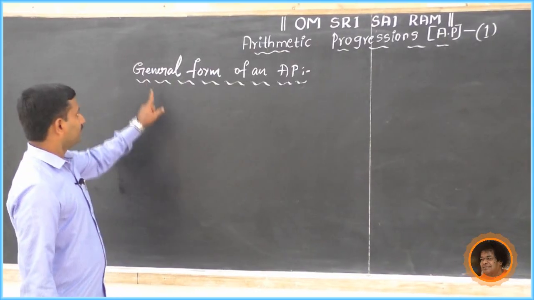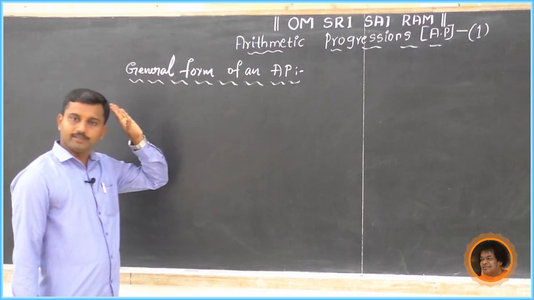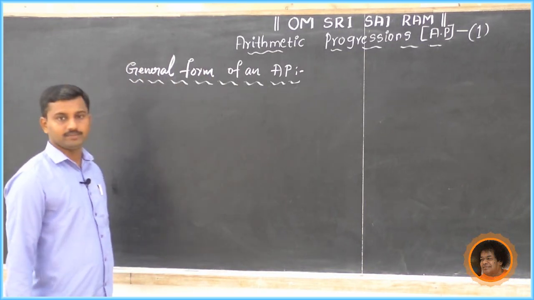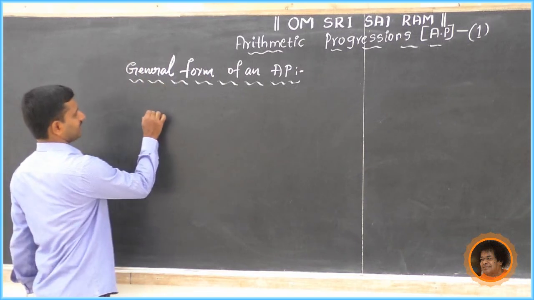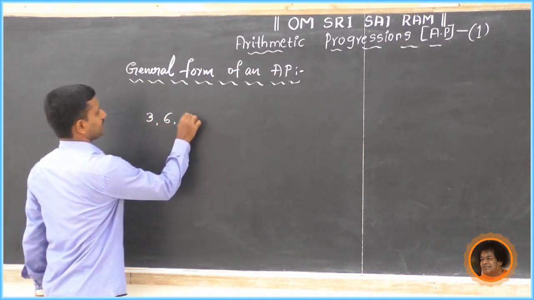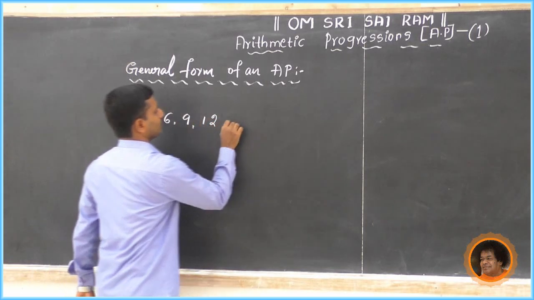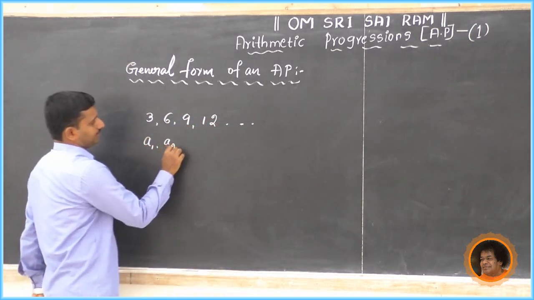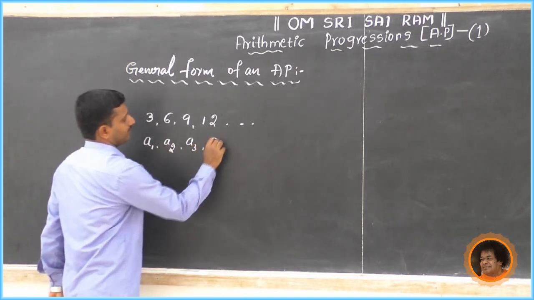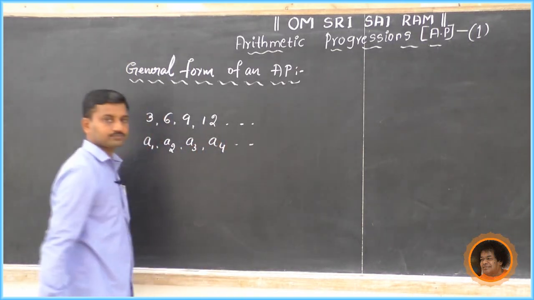Next we pass on to the general form of an AP. Very important. General form of an AP. I will explain this with the help of an example. Let us consider an example: 3, 6, 9, 12, and so on. You know that the first term is A1, second term A2, third term A3, fourth term A4.